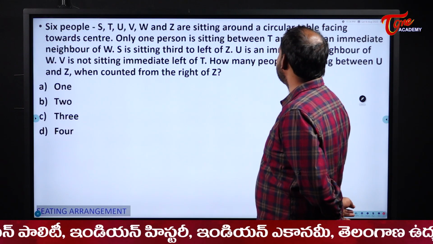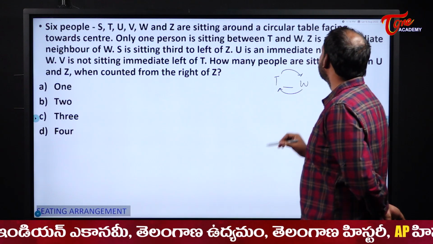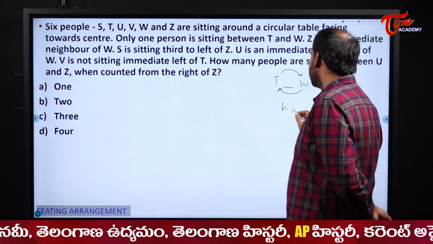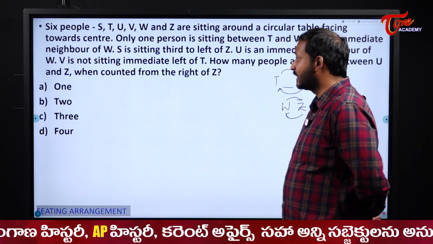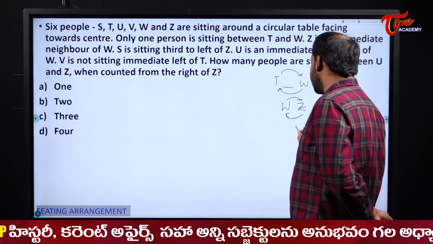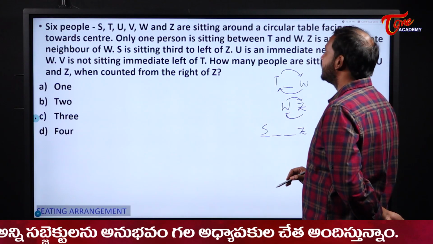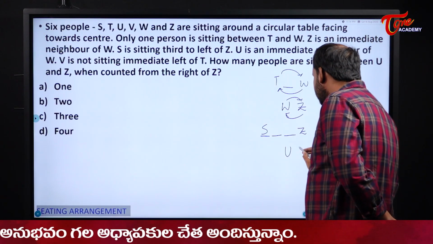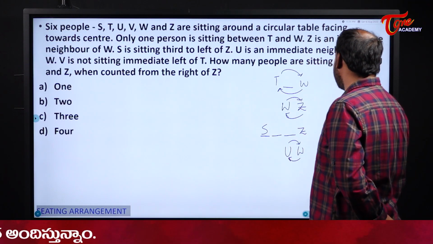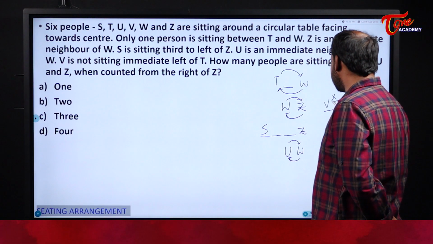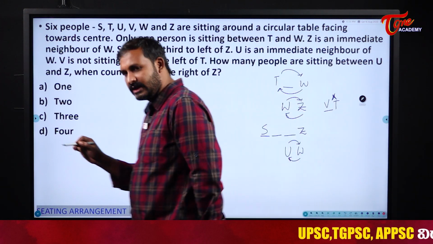Only one person is sitting between T and W. Z is an immediate neighbor of W. S is sitting third to left of Z. U is an immediate neighbor of W. V is not sitting immediate to the left of T. How many people are sitting between U and Z when counted from right of Z? Okay, that is the question for us.